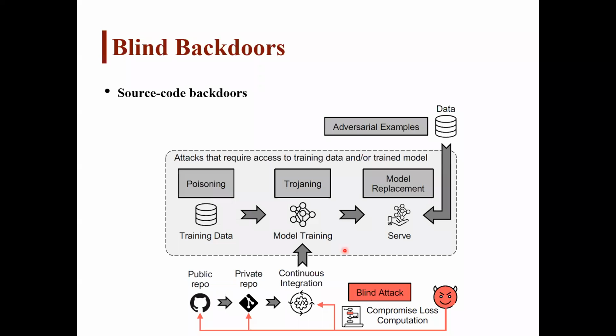Because if I'm an attacker, I want my impact to be as large as possible. I want to affect everyone. It's not like, okay, I do the deliberate attack, then later I use some input, add some special trigger there, and want this model to do some classification task for myself. It's not something like that, right?